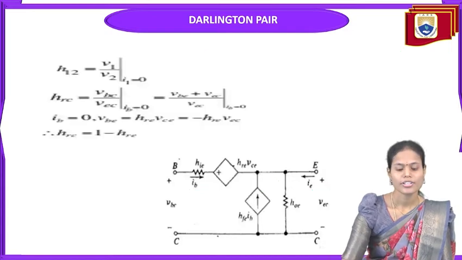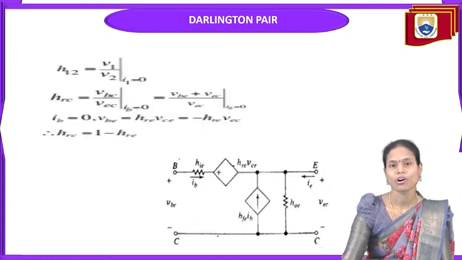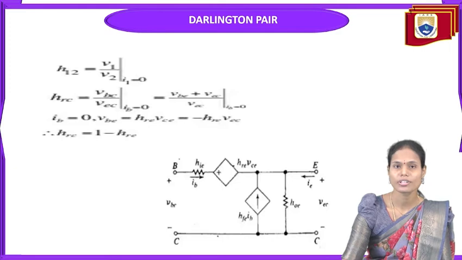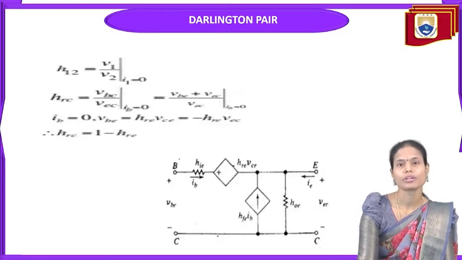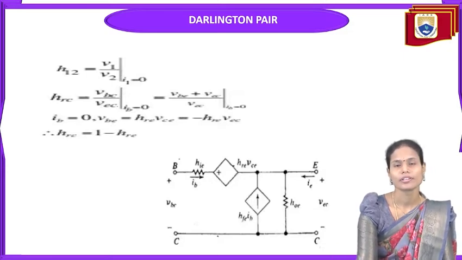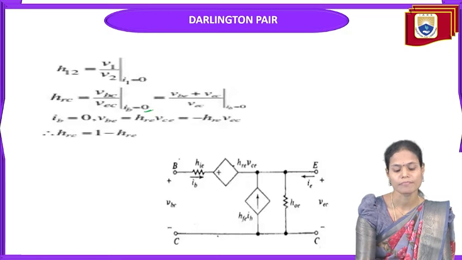And the next parameter is H12, that is reverse voltage gain V1 by V2, when the input terminals are open circuited. So in this case HRC is equal to VBC, that is input voltage, divided by VEC, that is output voltage, when the base current is 0.